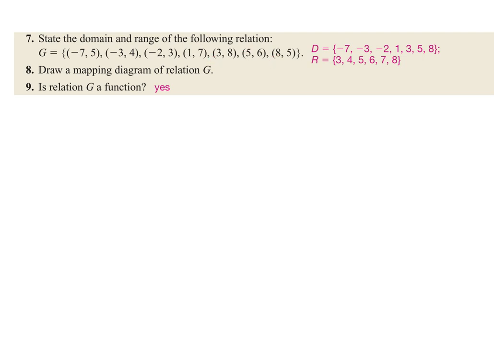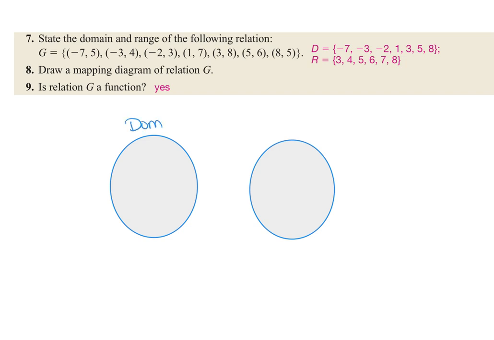A mapping diagram, remember, that is when you draw either a circle or oval or rectangle. You do have to label it, so you do need to tell me what is your domain, what is your range. You would list your domain, you would list your range, same order that you would list it up there.